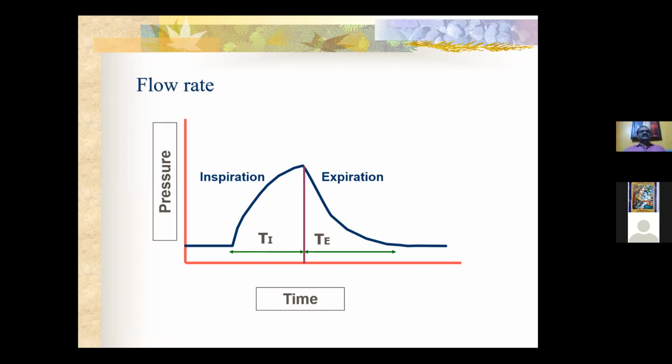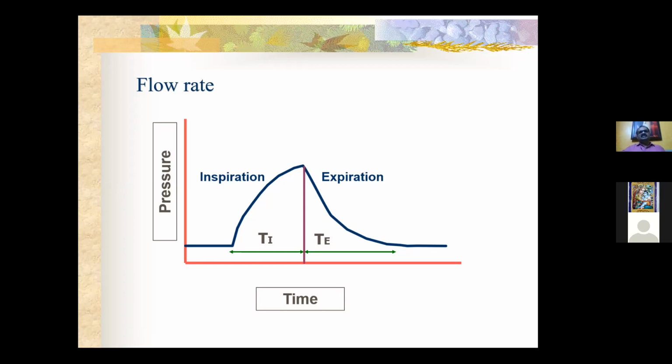Like if you're trying to expand a balloon, if you push in air slowly, if you blow out very slowly, it will take more time for the balloon to inflate. But if you're blowing out very fast, then it will take lesser time for the balloon to inflate.